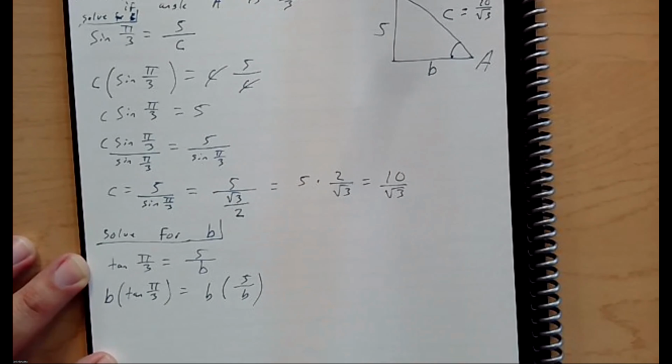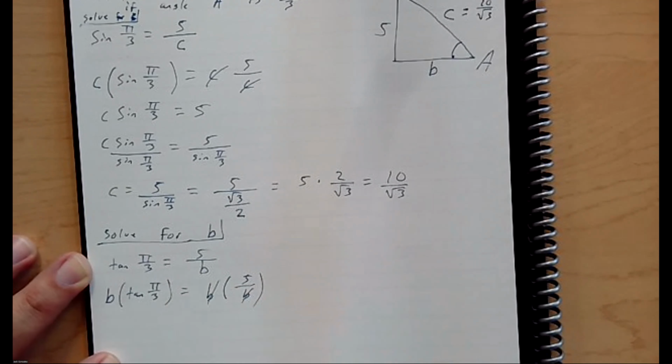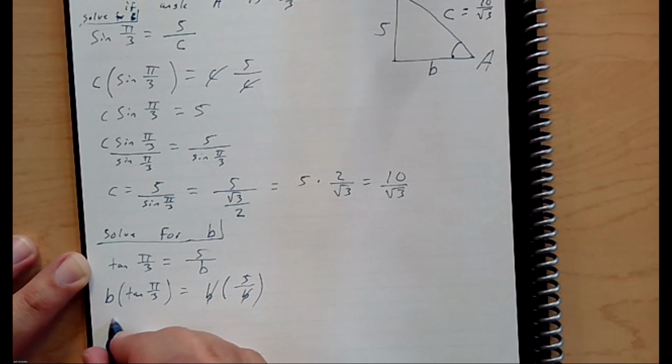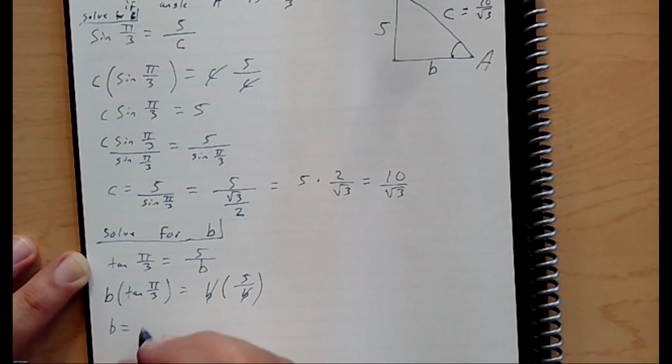There we go. Multiply B on both sides. And then divide by tangent of pi over 3. B will equal 5 over tangent of pi over 3.